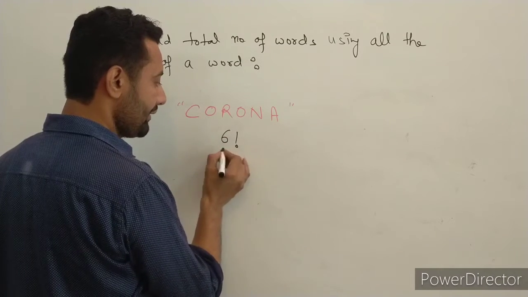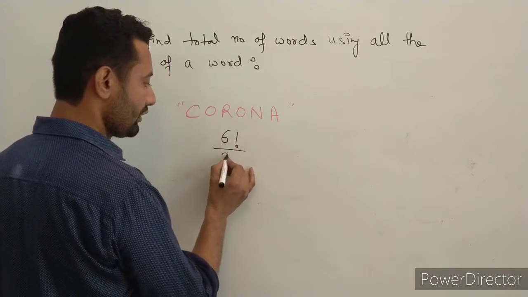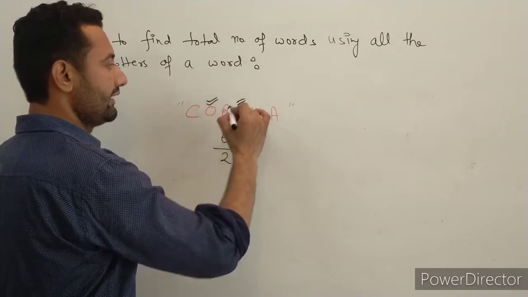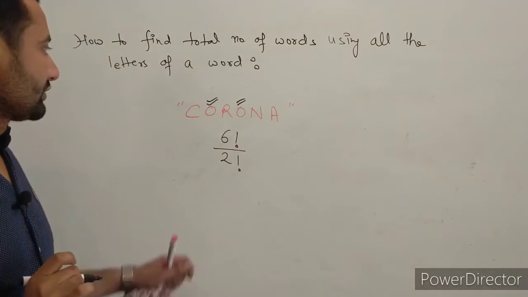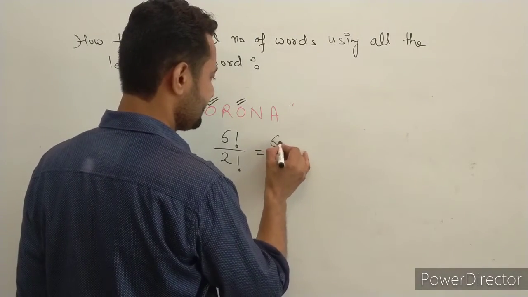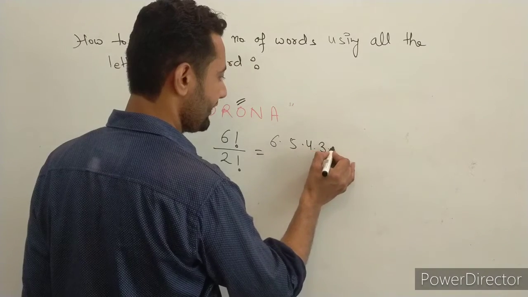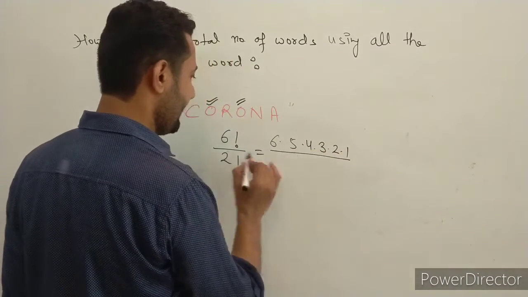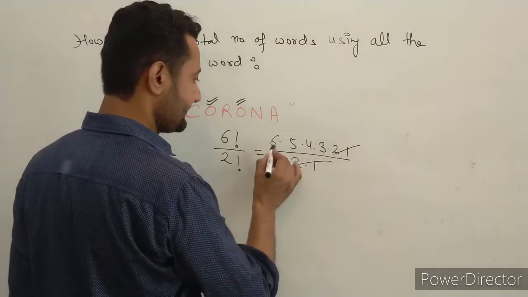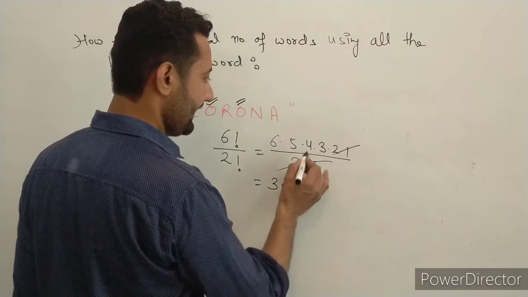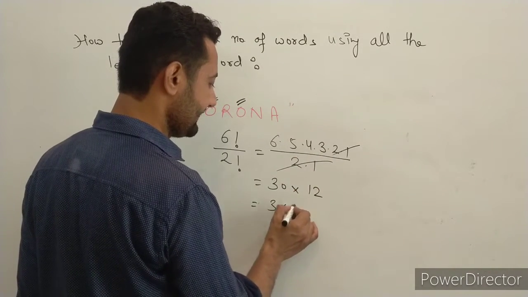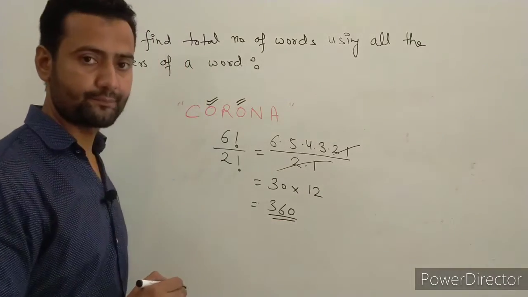So 6 factorial, but divided by 2 factorial because O is twice. 6 factorial is 6 into 5 into 4 into 3 into 2 into 1, and 2 factorial is 2 into 1. 2 into 1 gets cancelled, and 6 5s are 30, 30 4s are 120, 120 3s are 360. So it is 360.